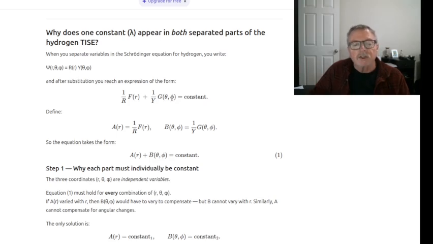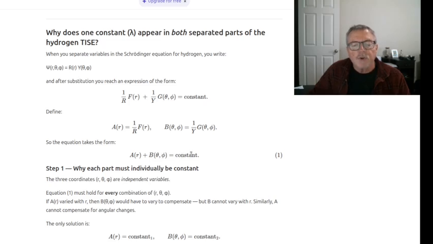No revelation yet. Then we're going to make up two other functions. A function of r that is this thing. So again, we're just creating two brand new functions to make a point, and that is these two added together equals a constant.